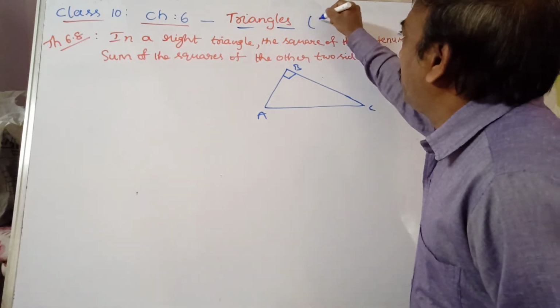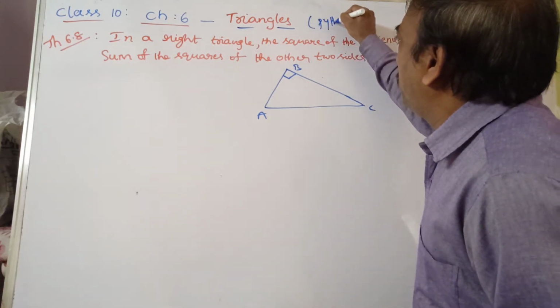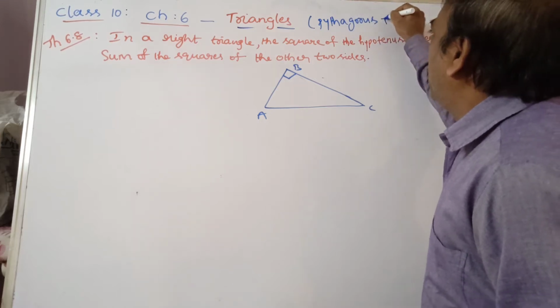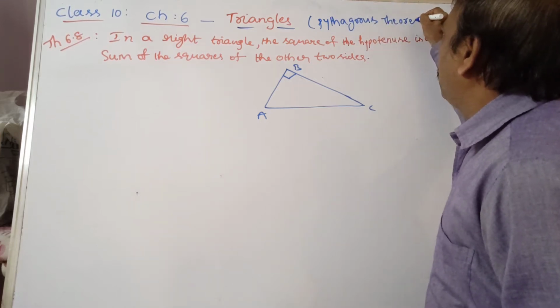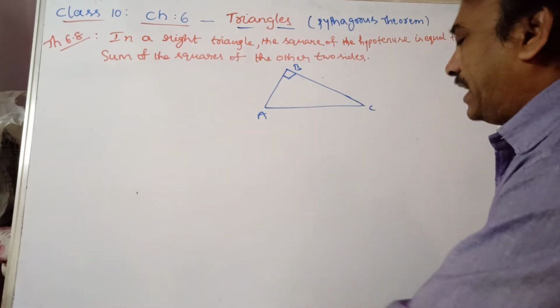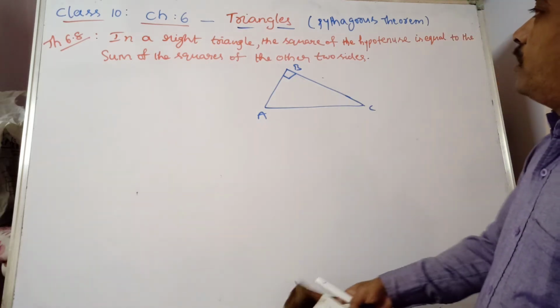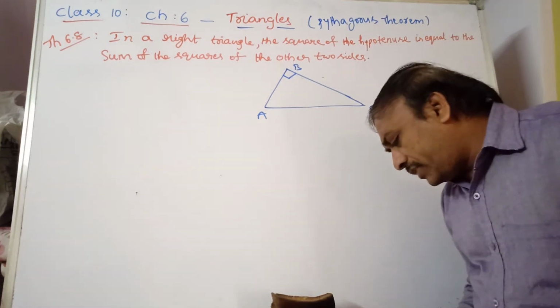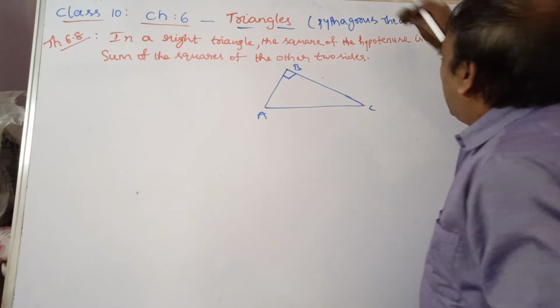So in a right triangle, the square of the hypotenuse is equal to the sum of the squares of the other two sides.